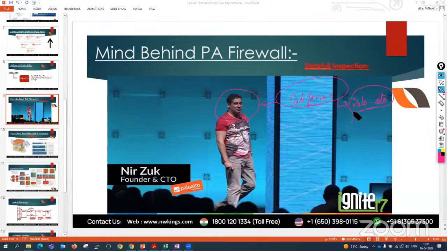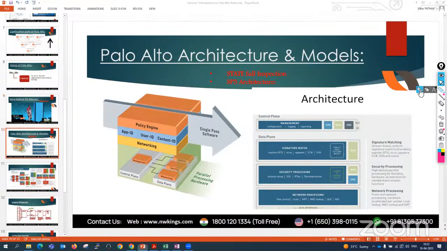So they said, okay, we are sitting in Palo Alto city, so let's name it Palo Alto Networks, and later on we'll change the name. For right now, just take this name, and from there this name has been going on, right? I hope this was a very interesting theory, so I thought to share it with you. So now you understood why they named their technology Palo Alto.